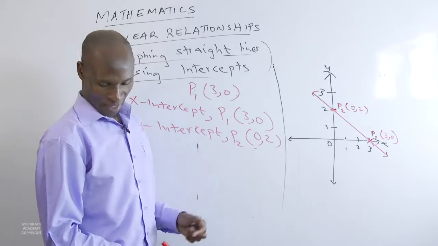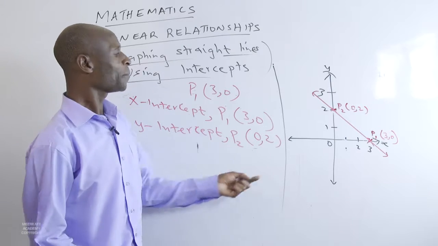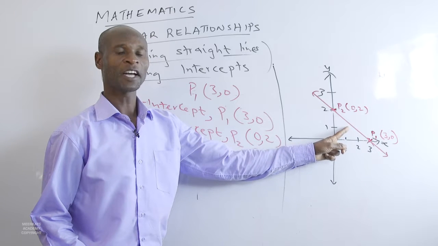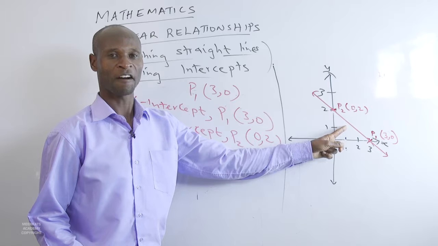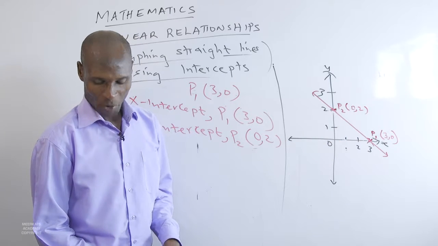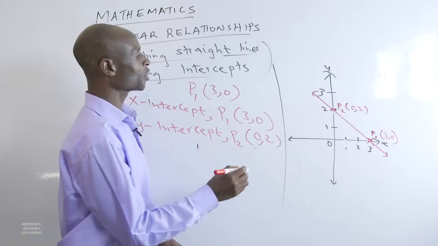We need to go further and represent the equation of that particular graph. That means we define our graph by representing the equation, which is 2x plus 3y is equal to 6.